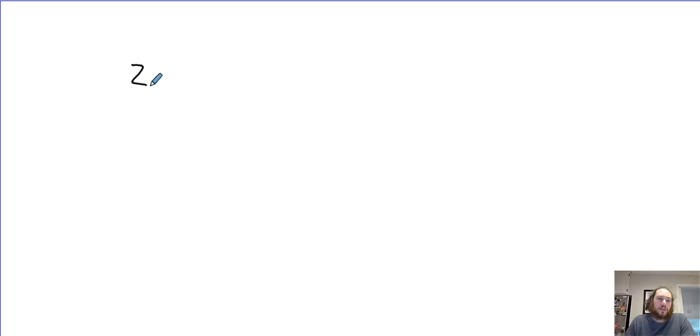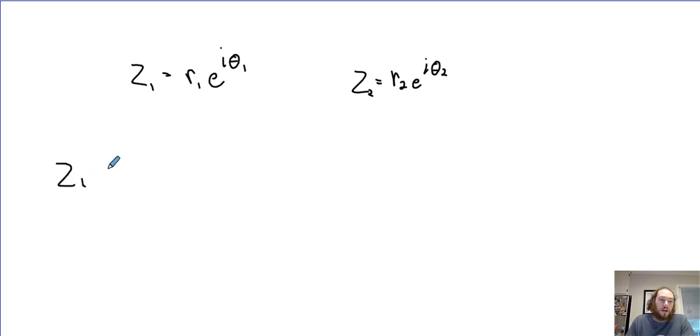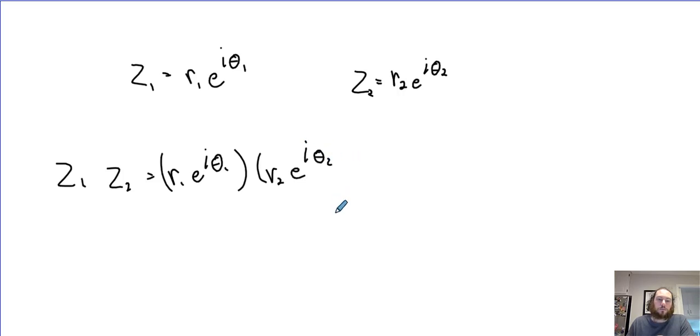If I have some number z1 equal to r1 e to the i theta 1, and some number z2 equal to r2 e to the i theta 2, and I want z1 times z2, that is r1 e to the i theta 1 times r2 e to the i theta 2.